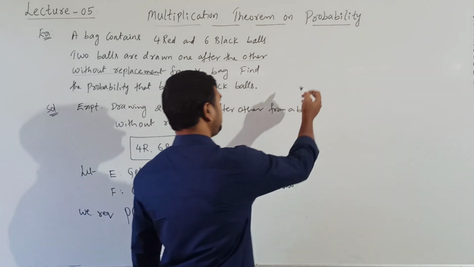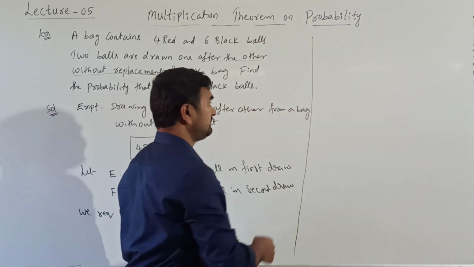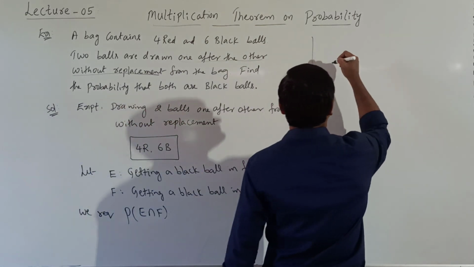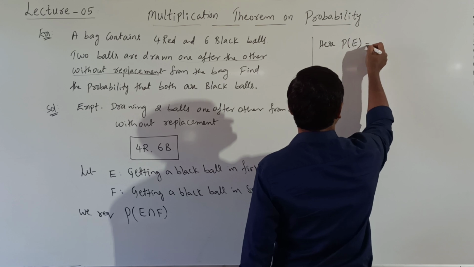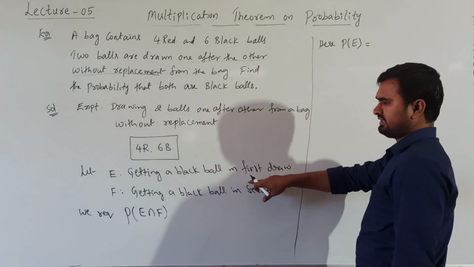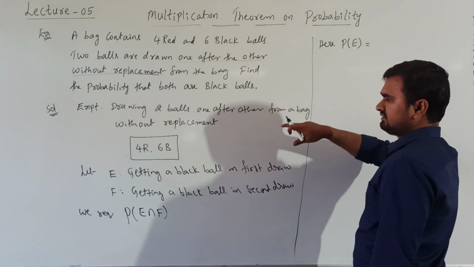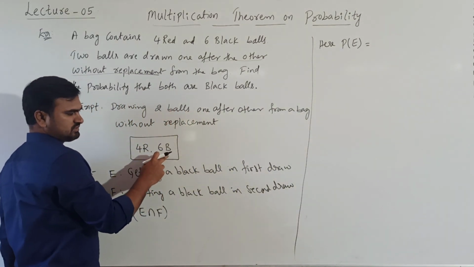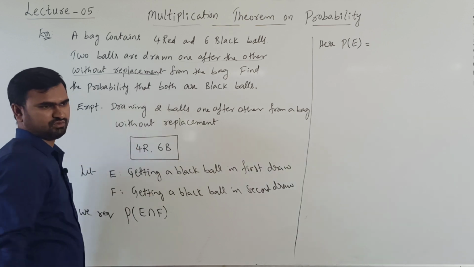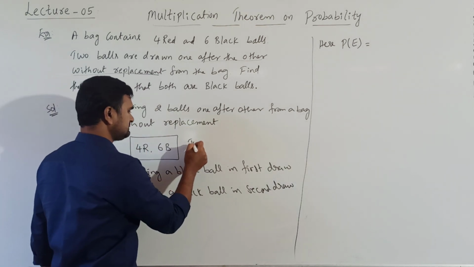Okay, now we will write the probabilities. What is the probability of E? Getting a black ball in the first draw. How many black balls are there? Total 6 black balls, out of 10 balls.